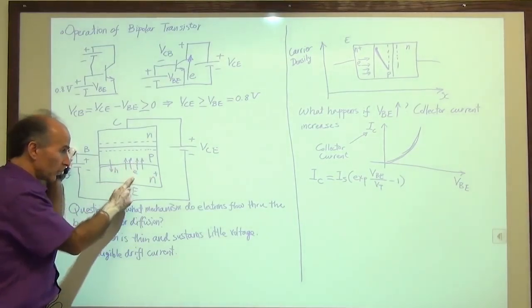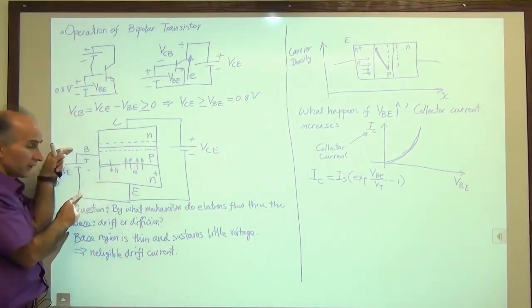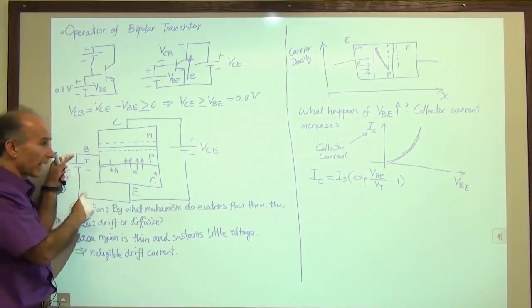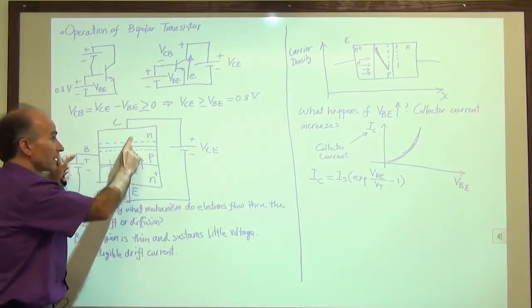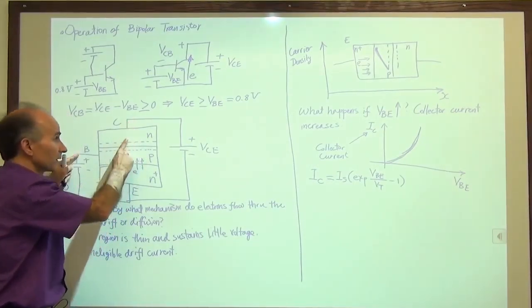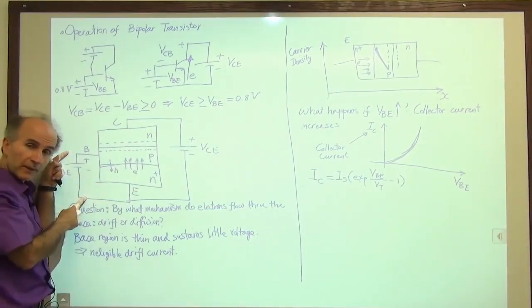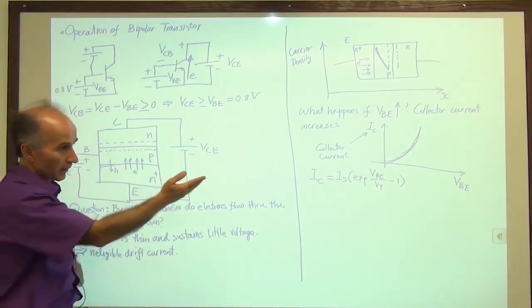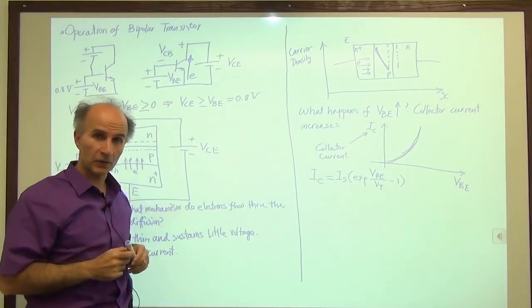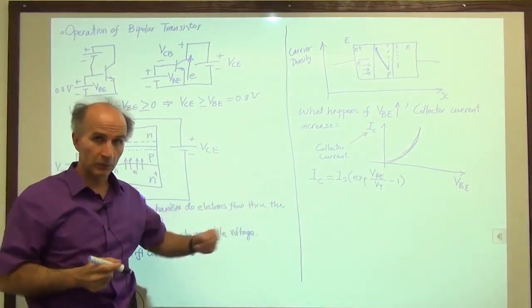So this current between the emitter and the base has an exponential dependence upon this base emitter voltage. And it is this current of electrons that ends up through the collector. So we would have expected that the current of the collector also has an exponential dependence upon the base emitter voltage. So it's not surprising that we have this expression. We are not proving it here, but intuitively this is what we would expect.